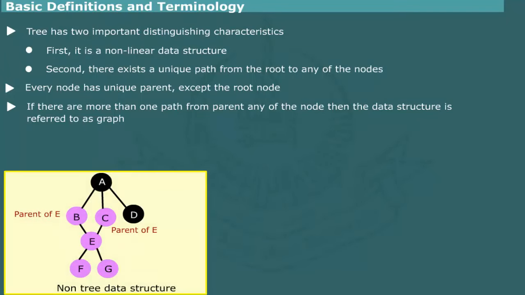Figure shows an illustration in which node E has 2 parents, B and C. Also note that G has 2 paths to the root, namely G, E, B, A and G, E, C, A. Thus, we conclude that the data structure is not a tree.